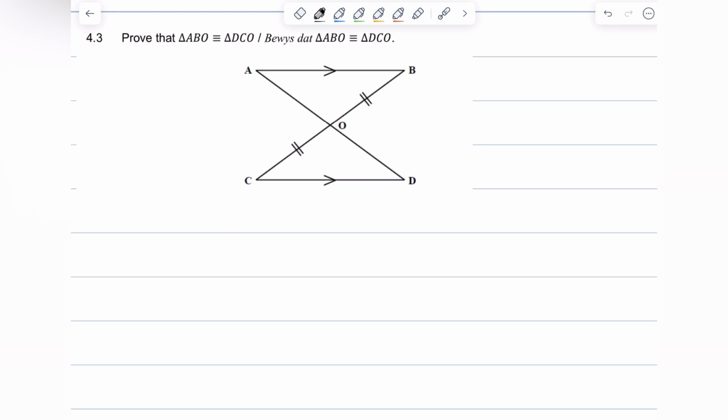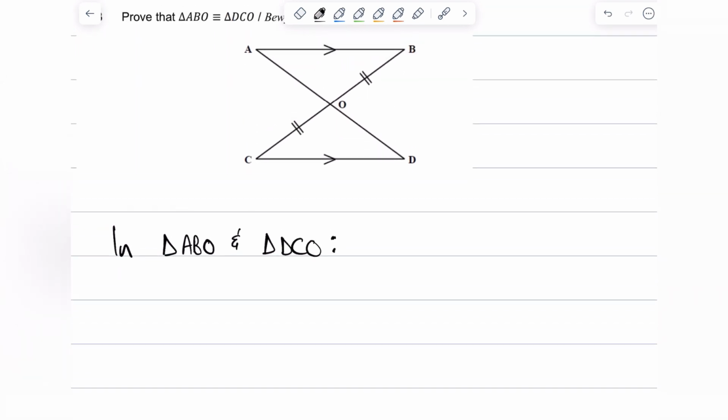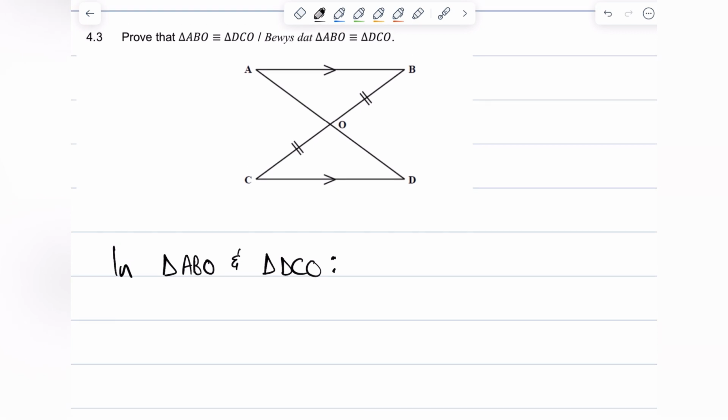So we'll start off again by saying in triangle ABO, again the order is important, and triangle DCO, what can we see? So the following is evident in these two triangles.